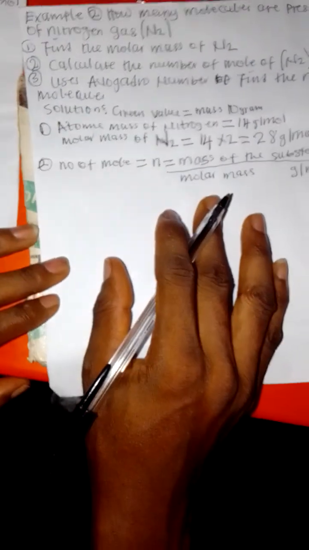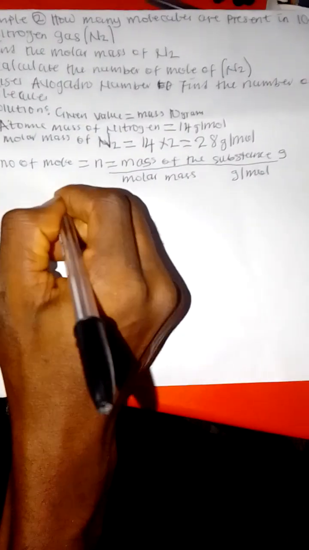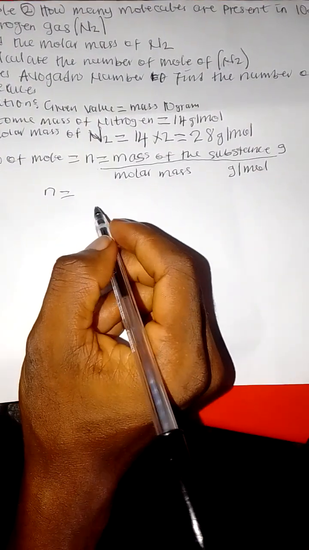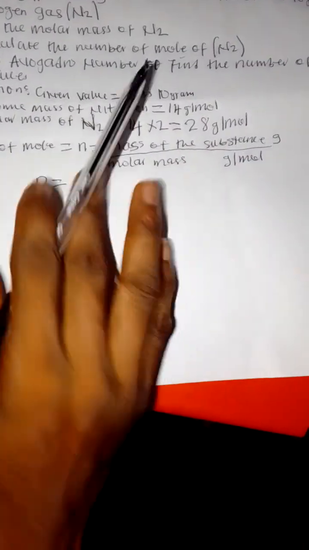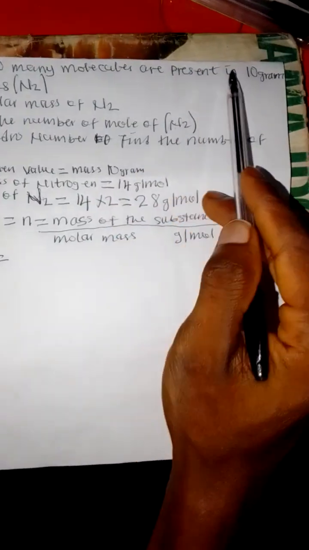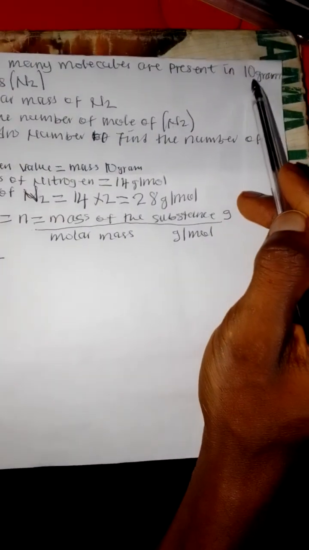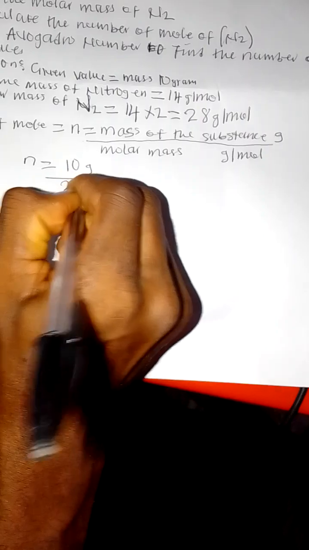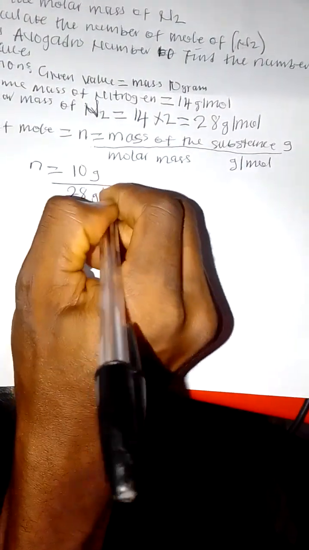So now let's check for the number of moles. n will be equal to the mass of the substance. If you check here, the mass of the substance present in the nitrogen gas is 10 gram. All over the molar mass, which we have just calculated. The molar mass is 28 gram per mole.